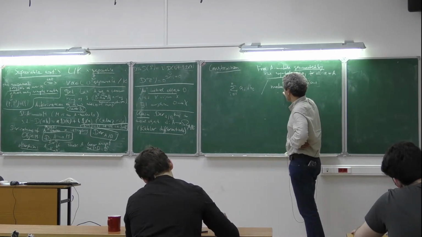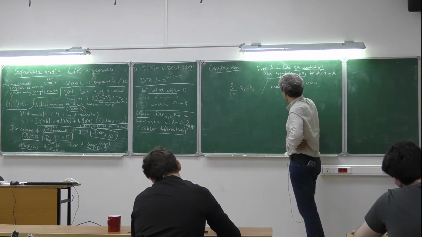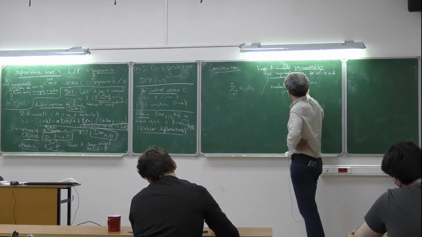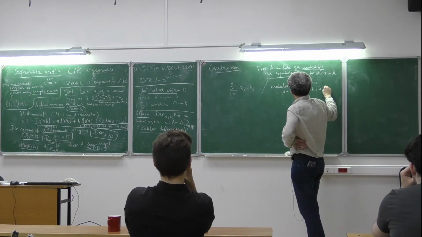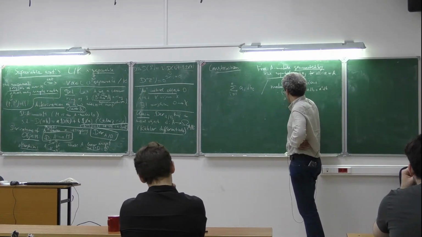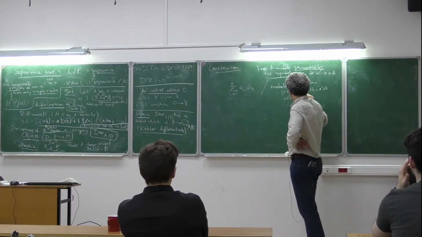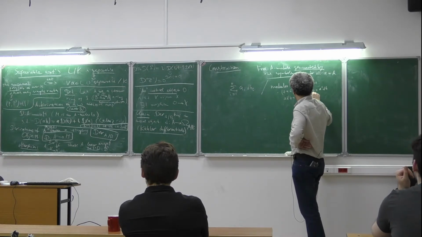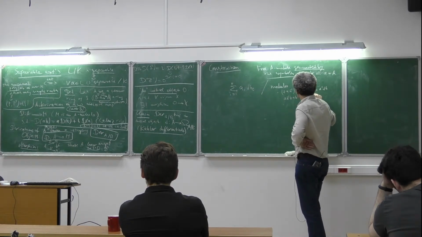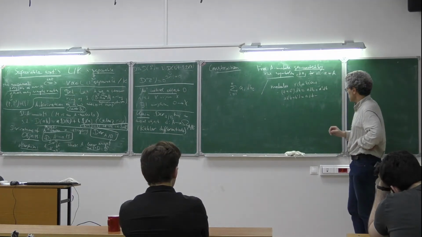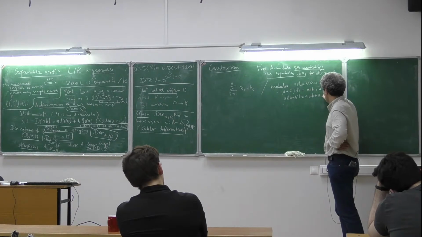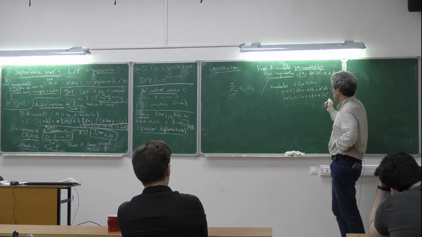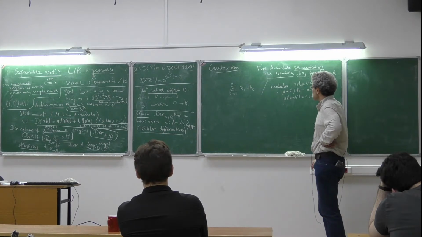Additivity first of all: (a plus a prime) db is a db plus a prime db. Next, it should be additive in b: a d(b plus b prime) is a db plus a db prime.